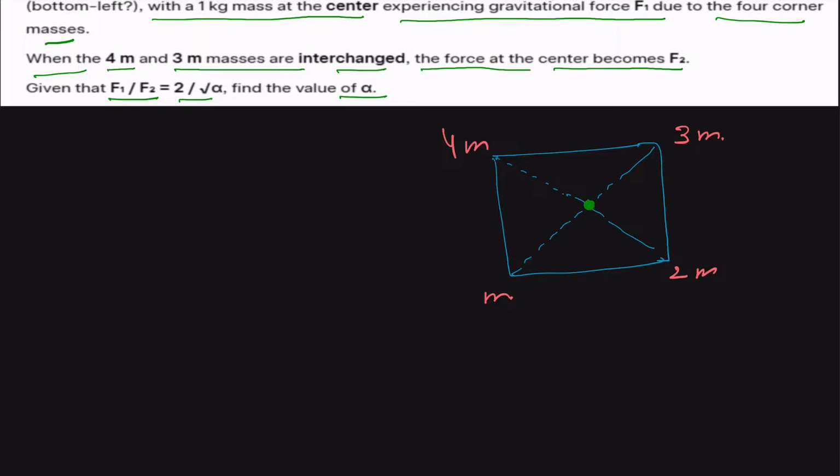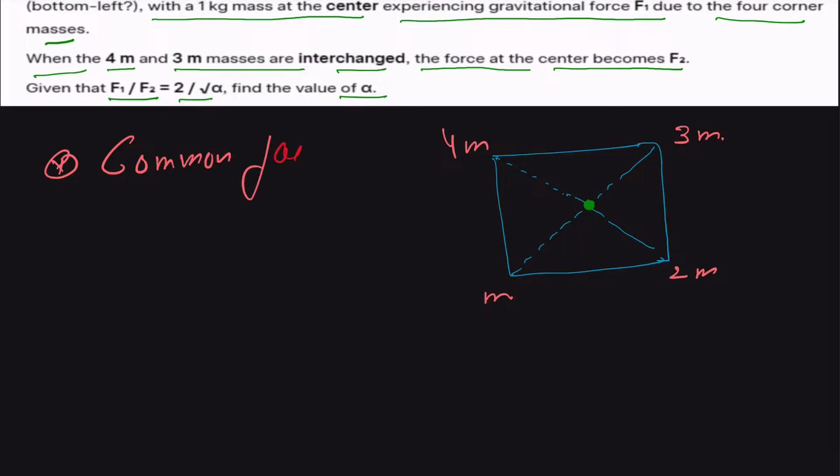So first of all, the distance of each mass from the center is the same. So it means that the force magnitude scales only with the corner masses, and the angle will be 45 degrees. So you can say that the common factor which will be associated with all these masses we can just ignore.